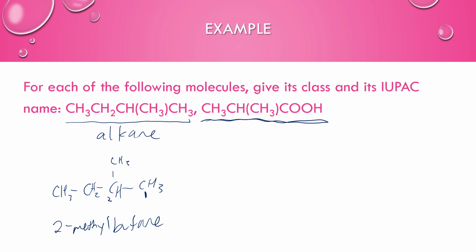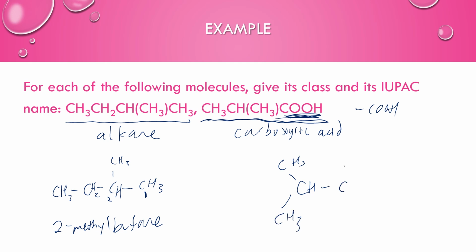This compound here is a carboxylic acid. Remember that you can tell very quickly that it's a carboxylic acid with that COOH. But if I were to draw this really quick, there's our carboxylic acid. So this carboxylic acid is in the middle of a compound, which is kind of weird.